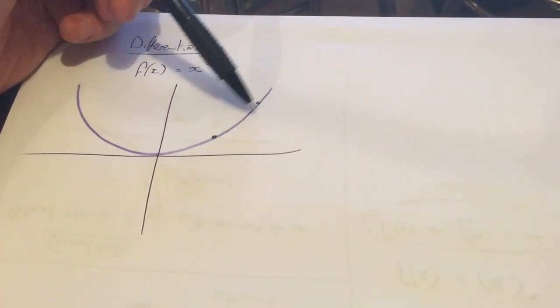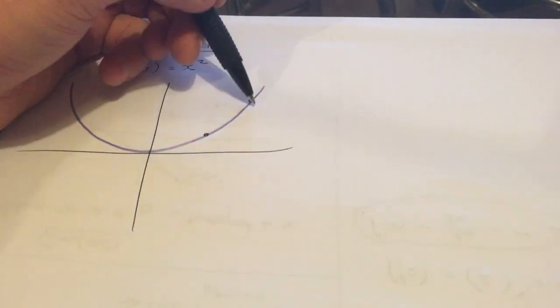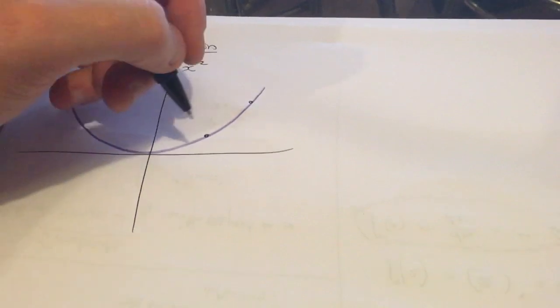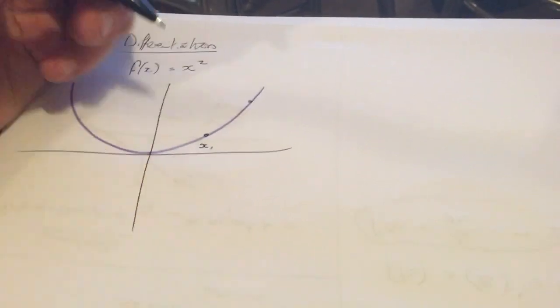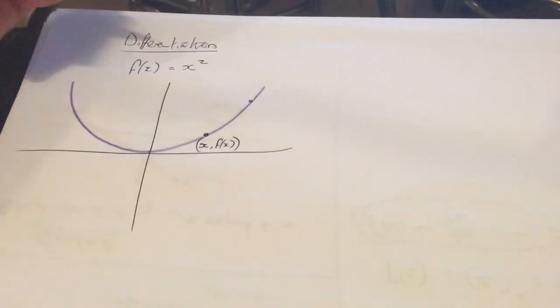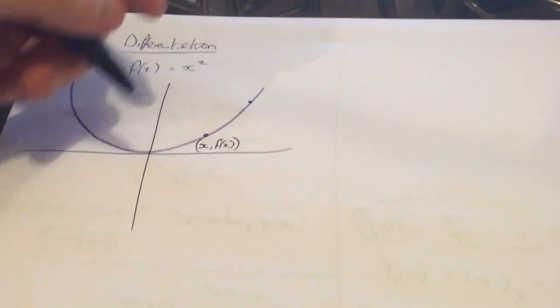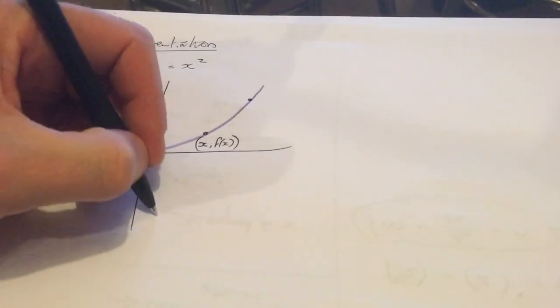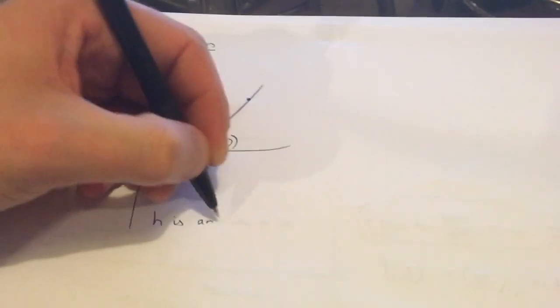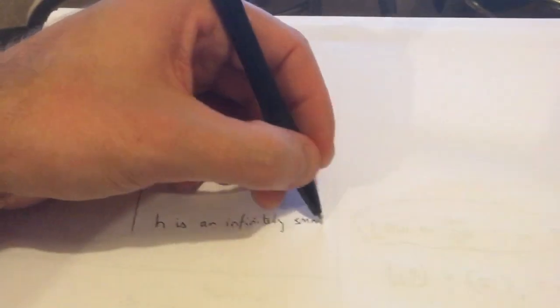I know in my sketch they're not, but it's because I can't draw two infinitely close points. It wouldn't look right. So we're going to just draw them anywhere. We're going to call this point x, and the y value for this is going to be f of x. And then we're going to choose a point that's infinitely close to it. And how we're going to kind of notate this is we're going to say h is an infinitely small number.